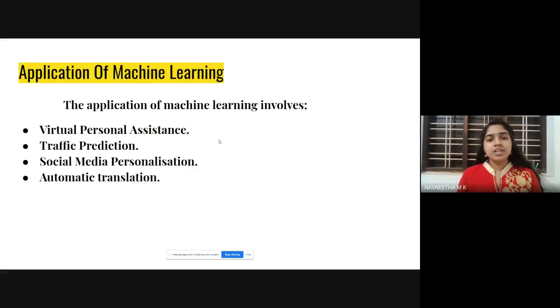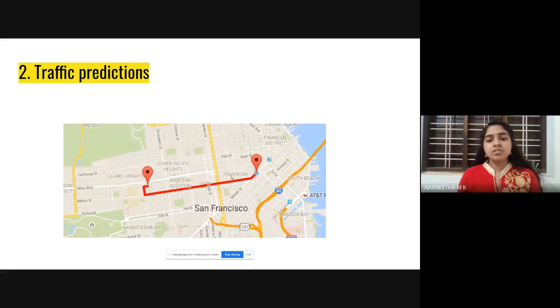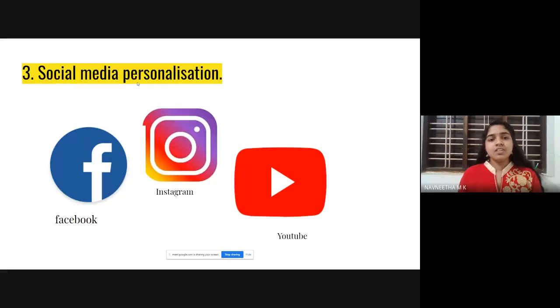These four types of applications are clear. Virtual personal assistants means Google Assistant and Alexa. Traffic prediction means we use Google Directions for our trips. The third one is social media, where I will give an example like buying a formal T-shirt.